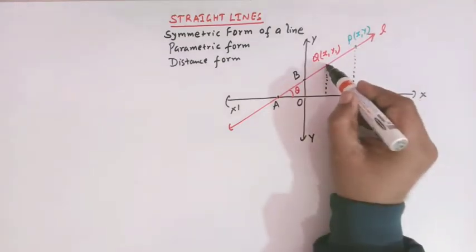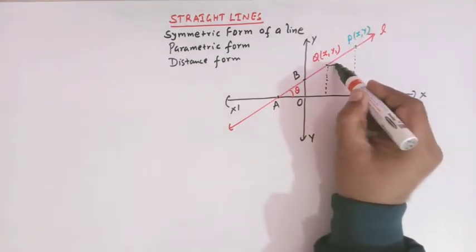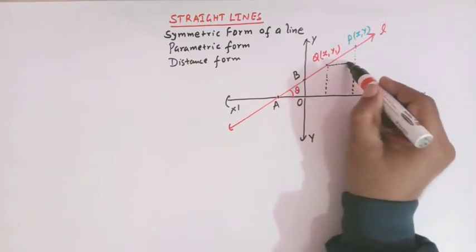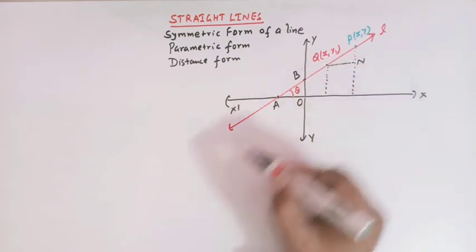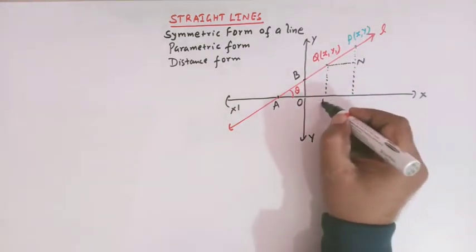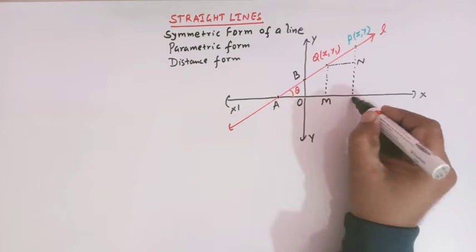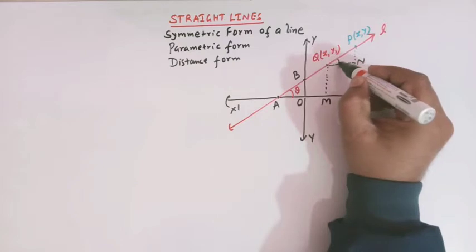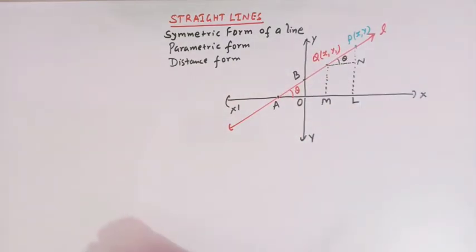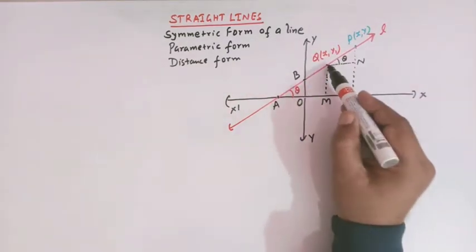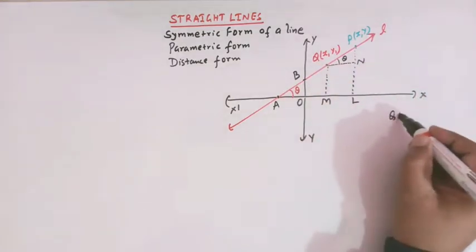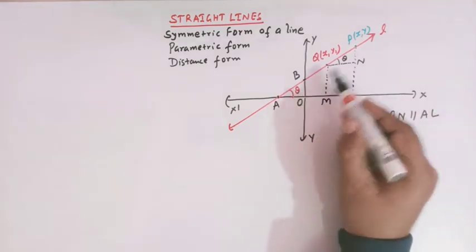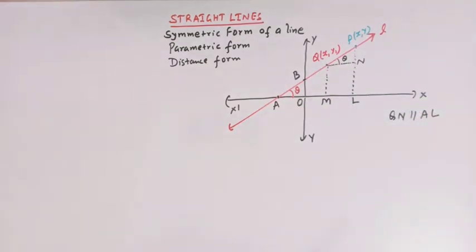Let us also drop a perpendicular from Q on the line through P, and suppose here we have the point N, and let us take these two points as M and L. And see, here we have the angle theta, so this angle is also theta, because QN is parallel to AL, and these two angles are corresponding angles.